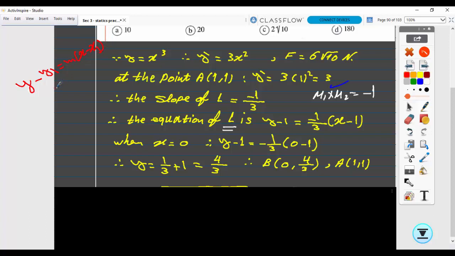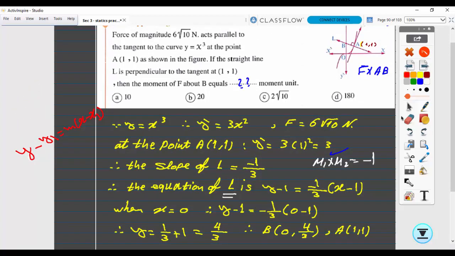Here (x1, y1) is a point that lies on this straight line. What is this point? This point is 1 and 1 from the given, right? So the equation of L is y minus 1 equals its slope -1/3 multiply x minus 1.